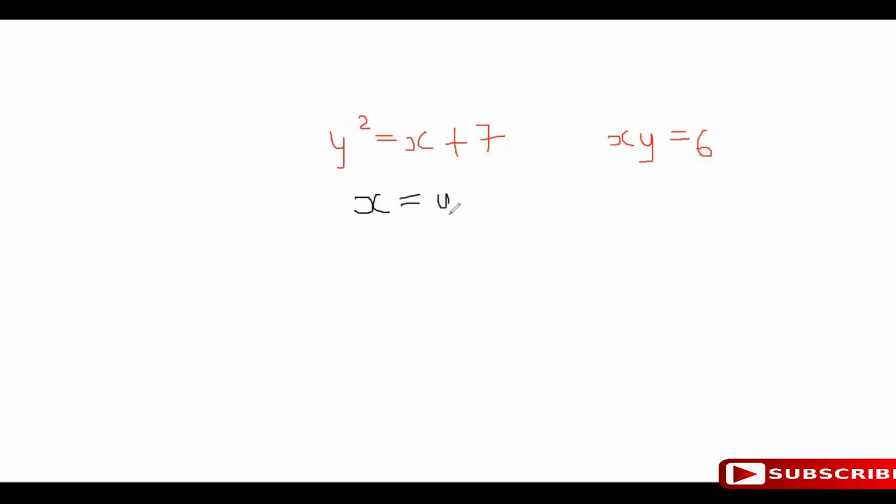Making x the subject, x is y squared minus 7. And then xy is equal to 6. So this is now our x, y squared minus 7 times y is equal to 6.